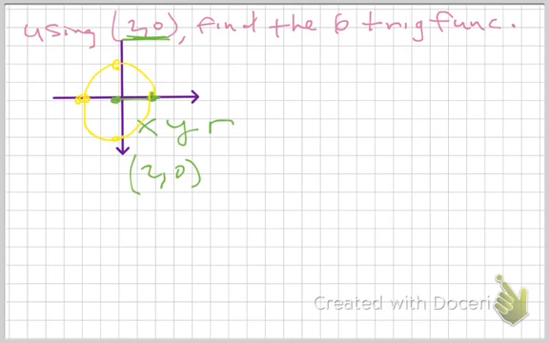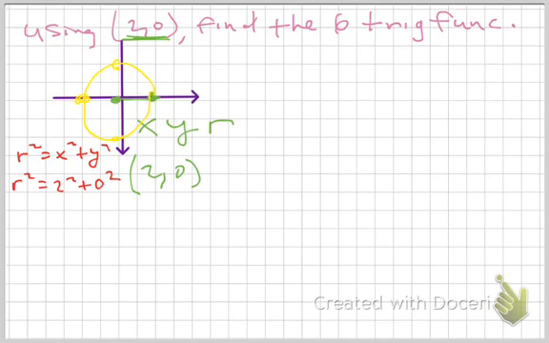But I want to use the Pythagorean theorem to solve for that. So I have r squared equals x squared plus y squared. I'm trying to solve for the r value, so r squared equals 2 squared plus 0 squared.